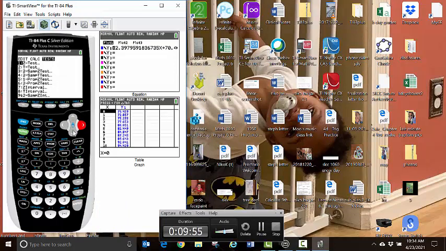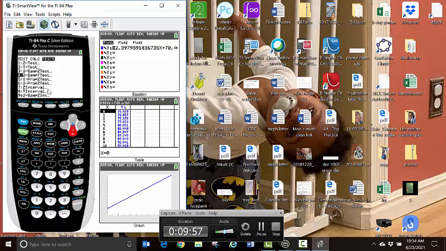Stat tests, and I would go down to a one prop z interval. And you put in, we had 53 out of 144 with 95%. And there's the interval we would get.